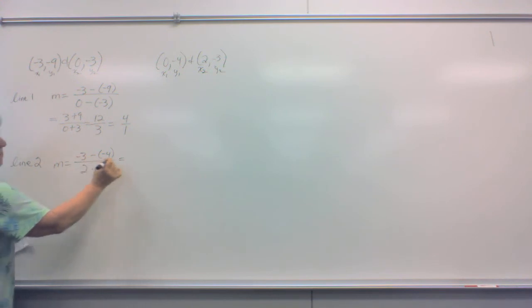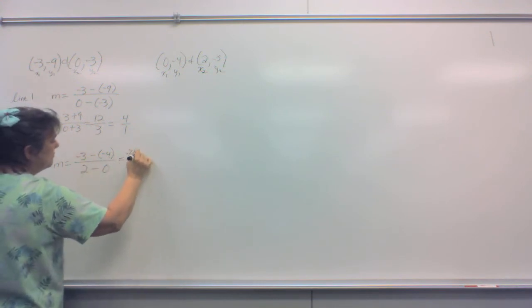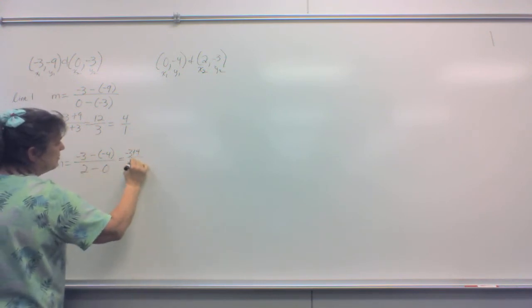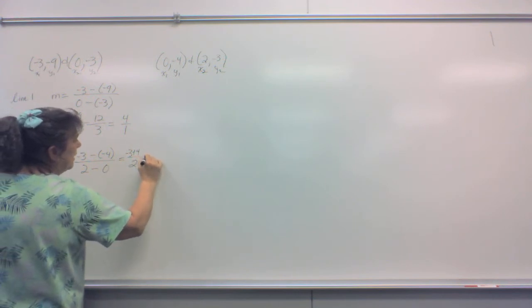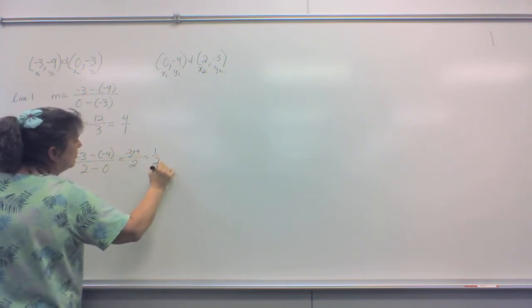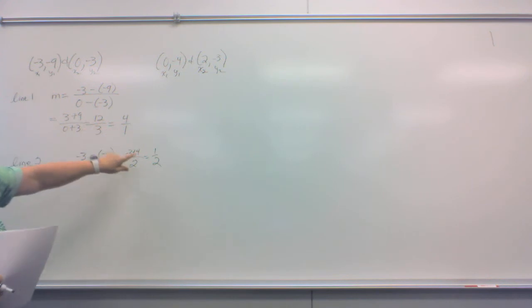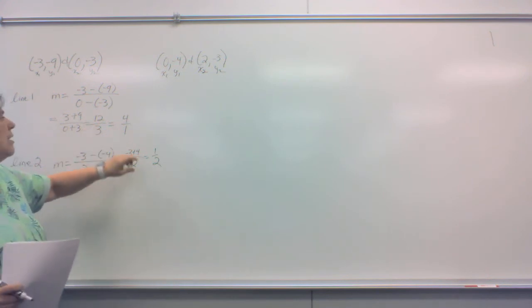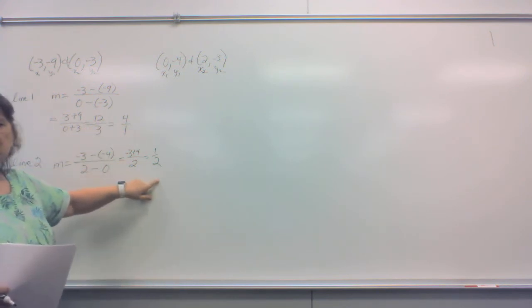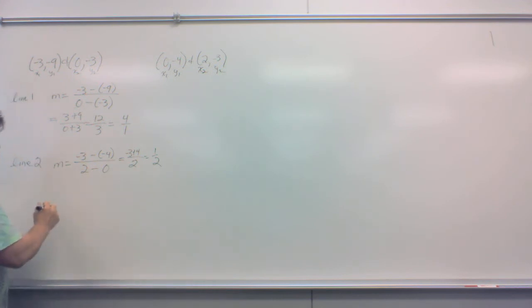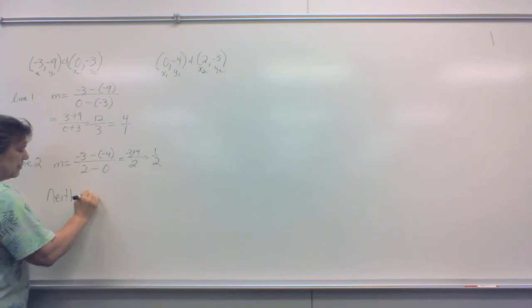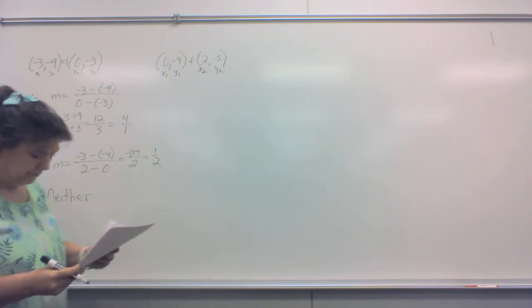So this is going to be a negative 3 plus 4 over 2 minus 0, which is 2. And this will be 1/2. Are these slopes the same? No, they're not. Are they opposite reciprocals? No, they're not. Therefore, this one is neither parallel nor perpendicular. So this is a case of neither.